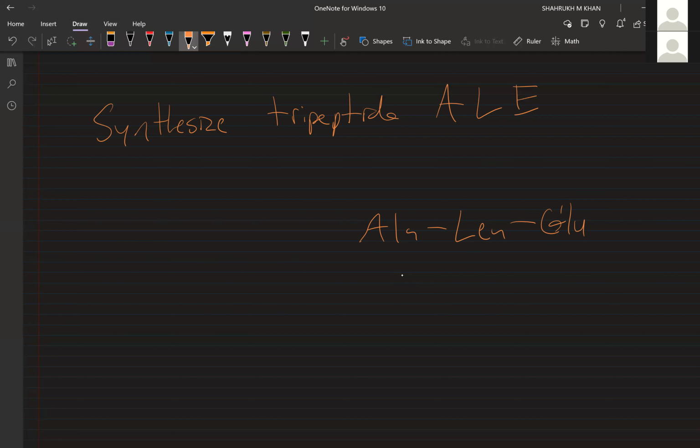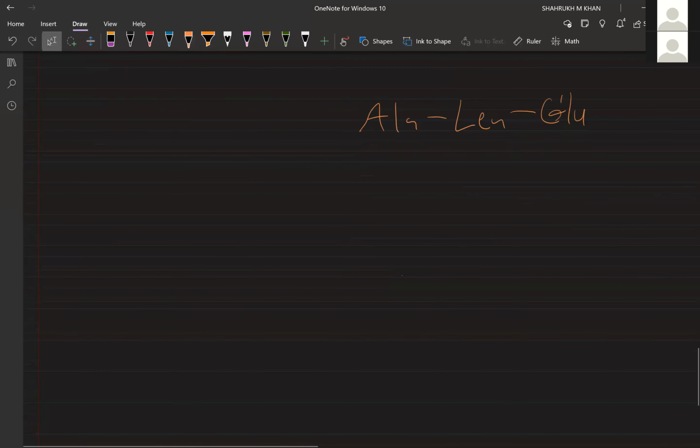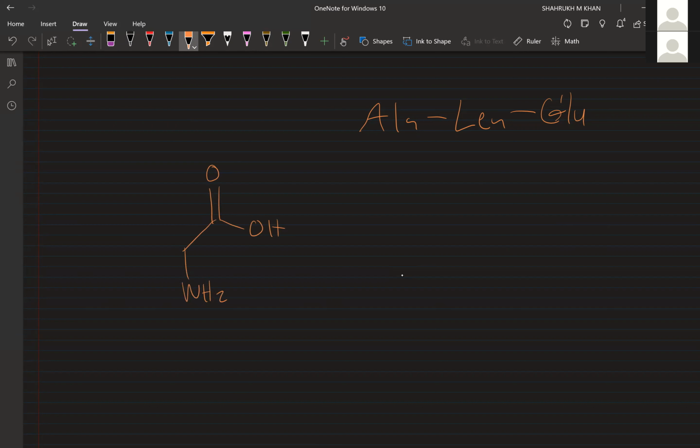Okay, so how do we start off with this, right? And this is how I like to do it if you don't have to memorize the structure. Any amino acid, the base functional group is your carboxylic acid here, and then at the alpha carbon you have your NH2, and then you have some R group here, right?